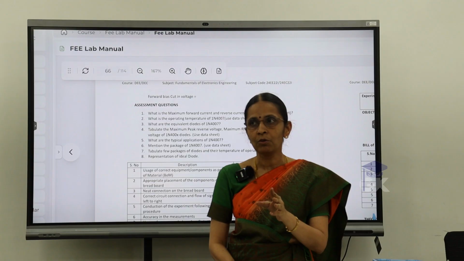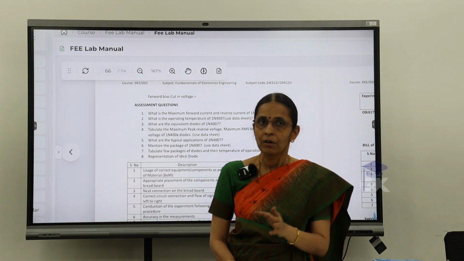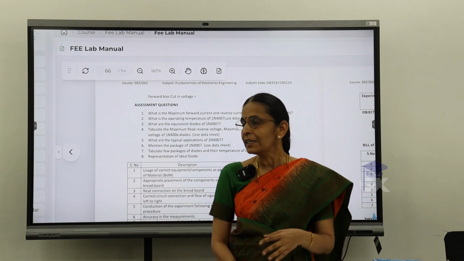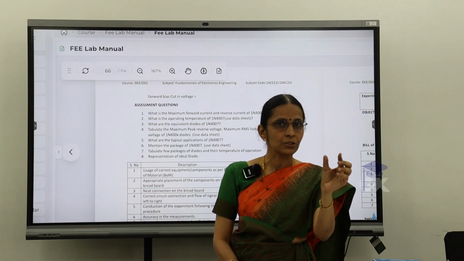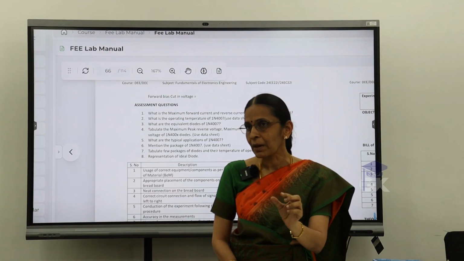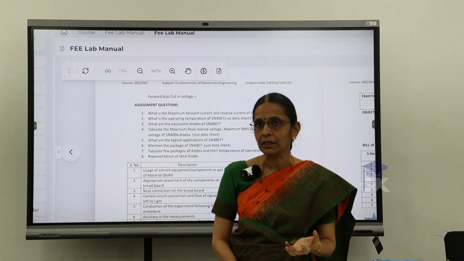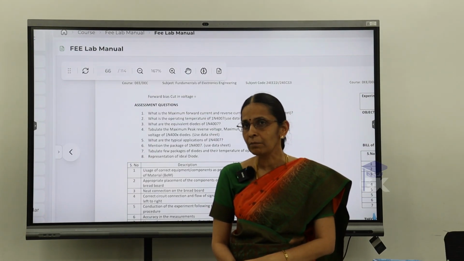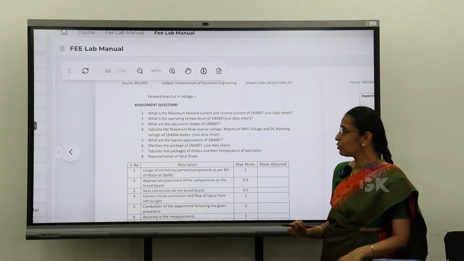I have DO41 or something. So what does DO35 stand for? What does DO41 stand for? All that they should be knowing. It is basically to do with the packaging. It could be a plastic package or it could be a glass package. So all those details are available in the data sheet itself, with the package and the material with which it is made. So mention the package of 1N4007.